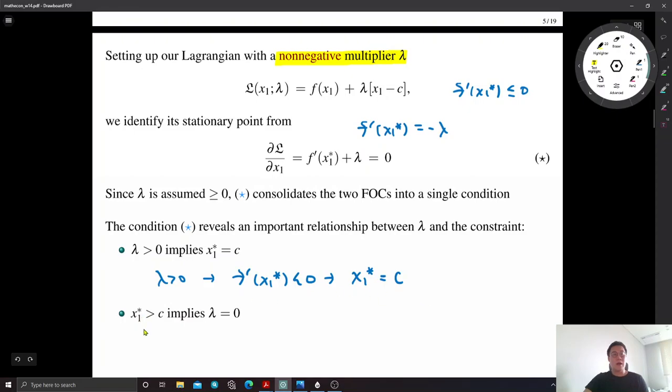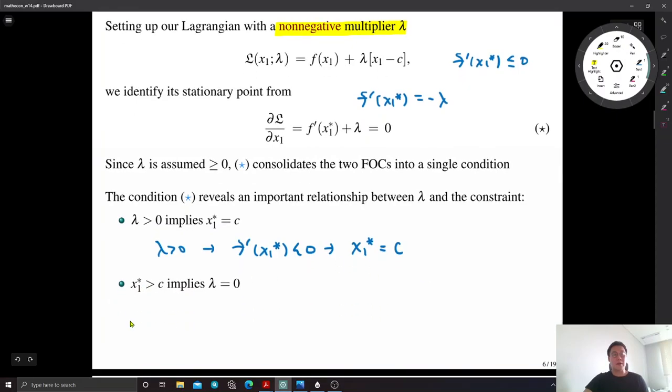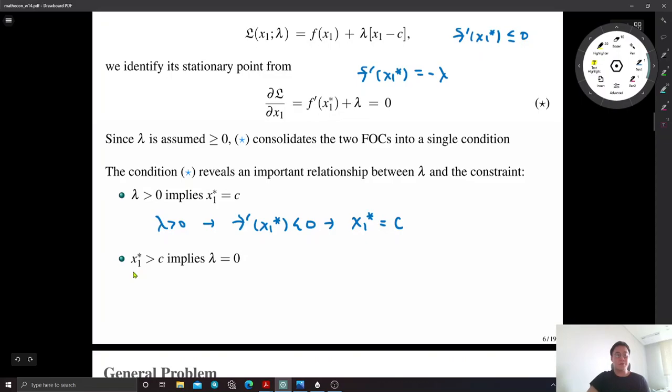And conversely, if we have an interior solution, x1 star now strictly larger than c, then we must have zero derivative at this interior solution, right? But if f prime is equal to 0, then by this condition, lambda must be equal to 0 as well.